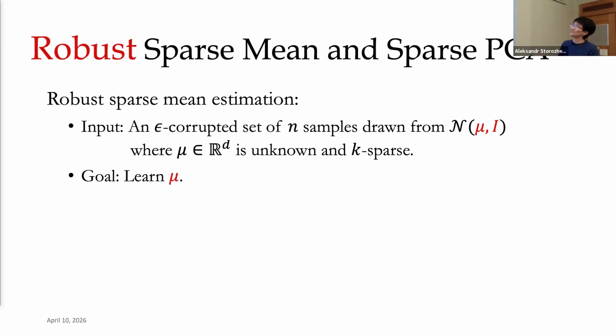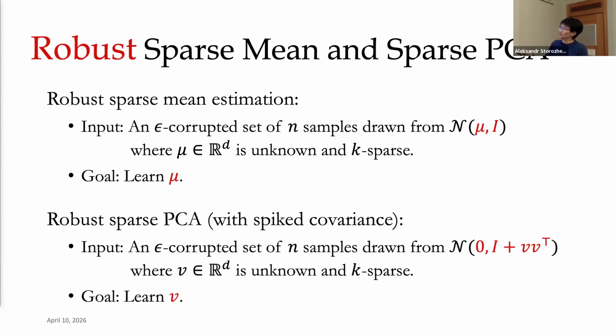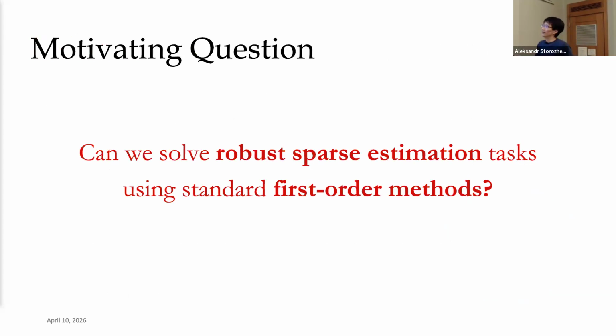Okay, robust version of this. Same problem, but now the input is actually corrupted. There's another problem which I won't define very formally, but you can ask other questions in the context of sparsity. For the talk, let's just focus on robust sparse mean estimation. Same question, except this placeholder is now replaced with robust sparse mean estimation.